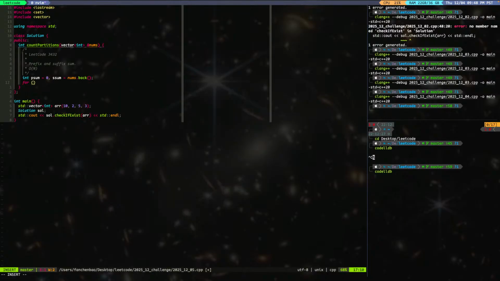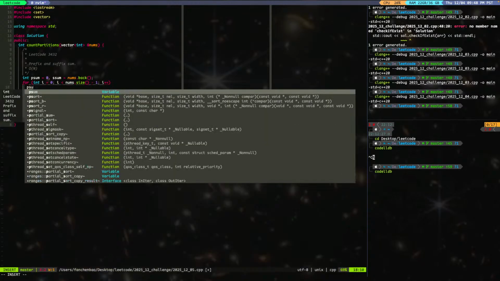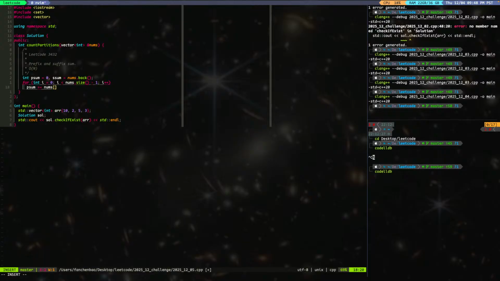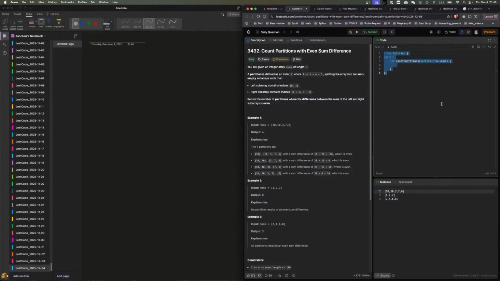All right, what do we want? The number of partitions where the difference between the sum of the left and right is even.